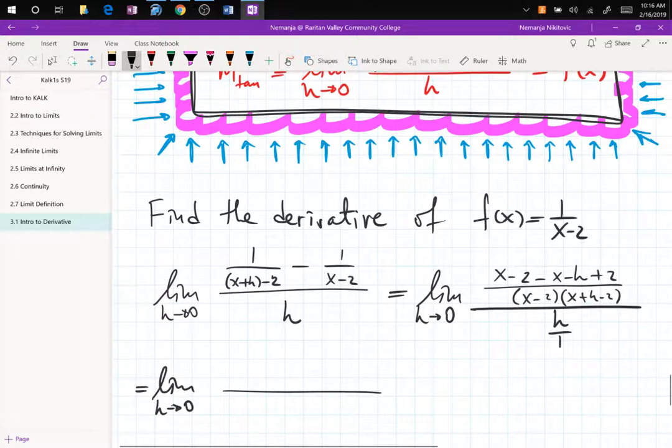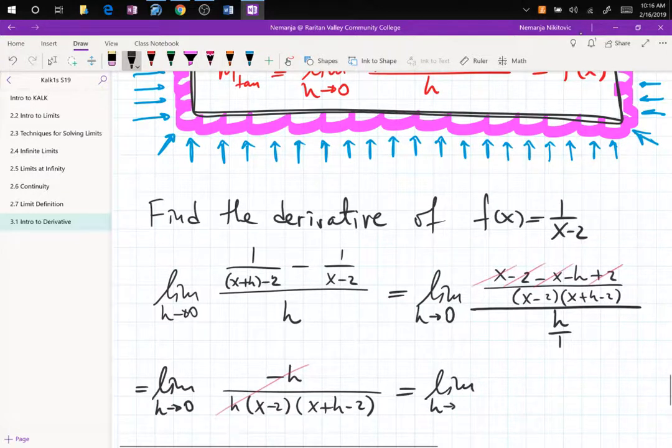So now on top, these die and these die, there we go. So we are left with negative h. And then we have h times x minus 2, x plus h minus 2 when you deal with the double fraction. So now h dies, and you are left with the limit as h goes to 0 of negative 1 over x minus 2, x plus h minus 2.